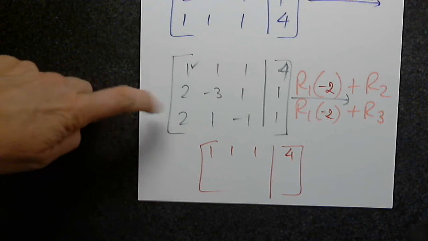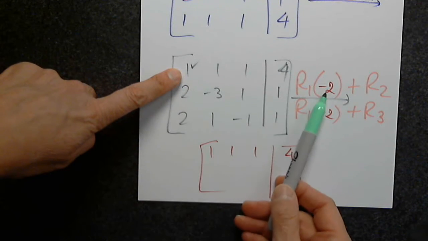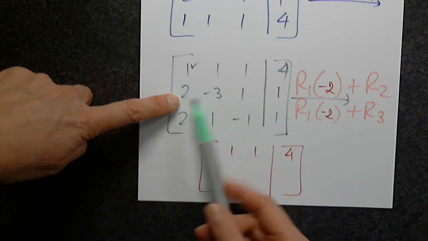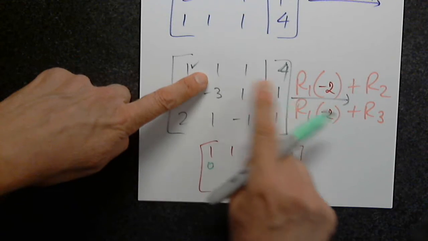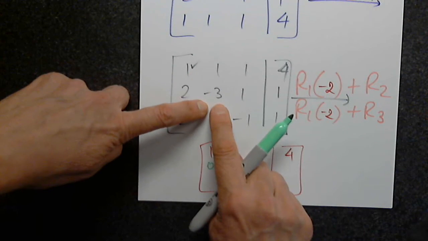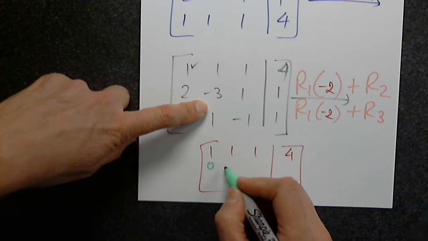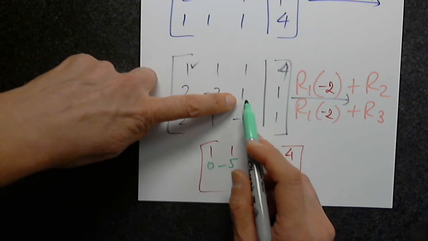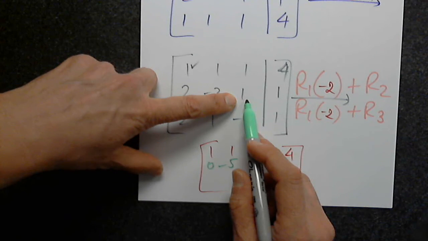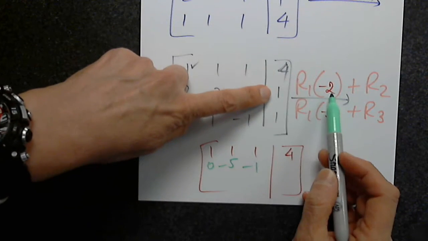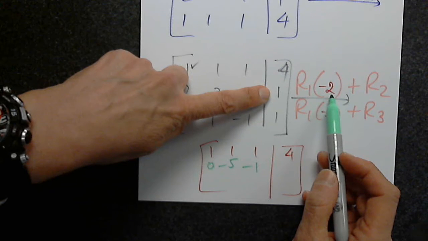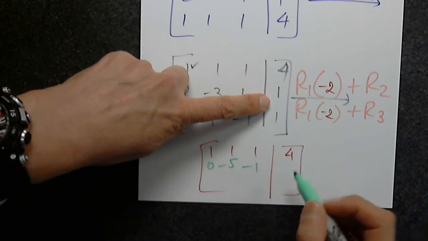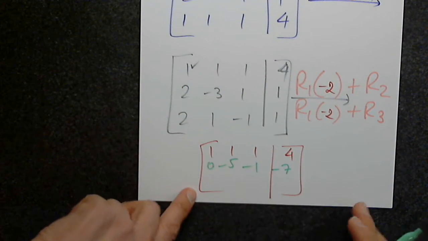So, 1 times negative 2 plus 2, 0. Next one. 1 times negative 2 minus 3. Perfect. 1 times negative 2 plus 1, negative 1. Excellent. 4 times negative 2, negative 8, plus 1, negative 7. I really don't like this row, but it is what it is.